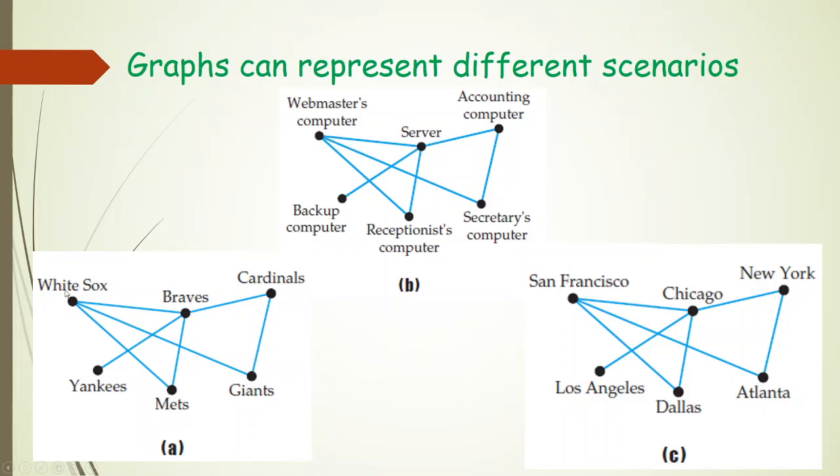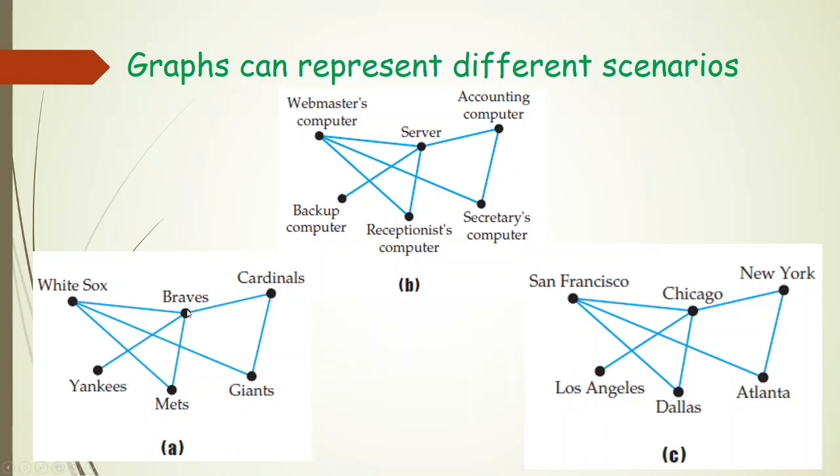And then you have Yankees, Mets. As you can see, these are the same graphs, but they represent different things. Here, these are teams of, I don't know which, baseball, softball, I forgot. You have your Braves, Yankees, Mets, Giants, Cardinals, and White Sox.